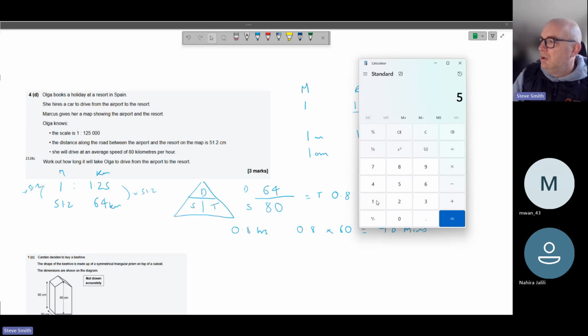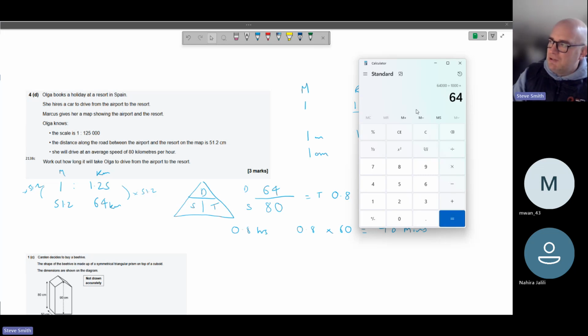So 51.2 multiplied by 125,000. We know that the distance in real life is 6.4 million centimeters. So we could have then shrunk our number by dividing by 100 to get to meters, and then divide by 1,000 to get to kilometers.